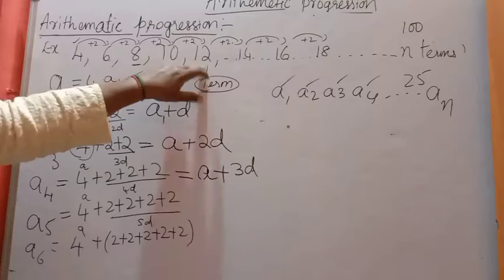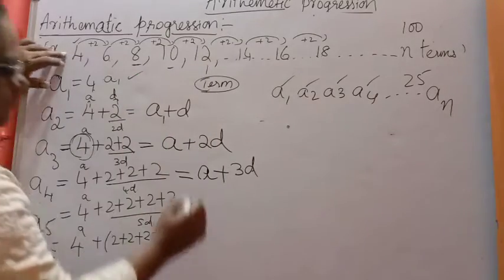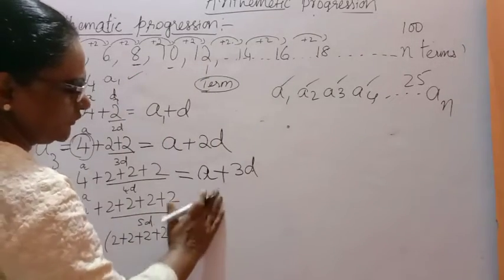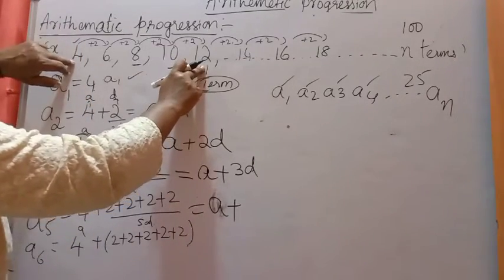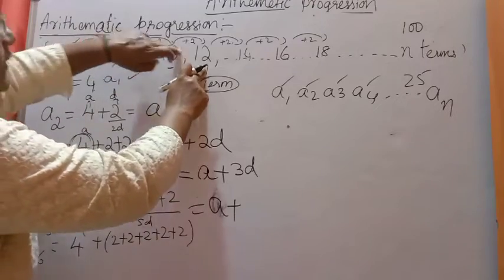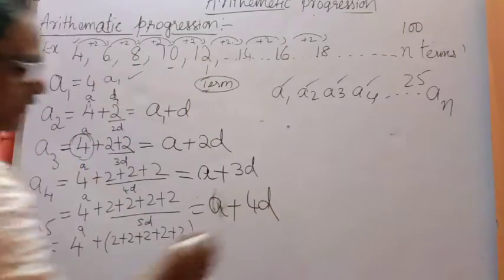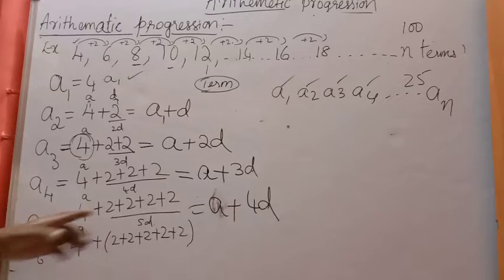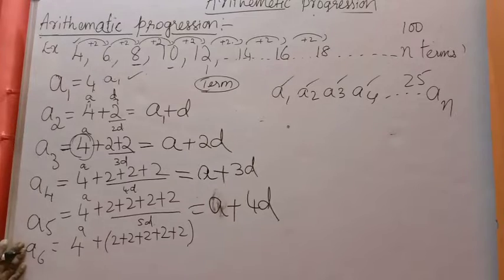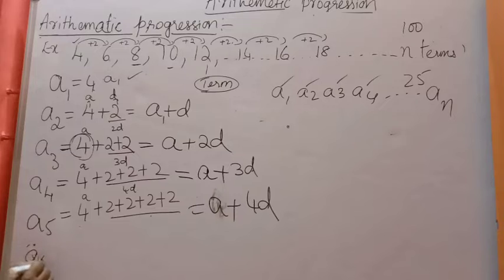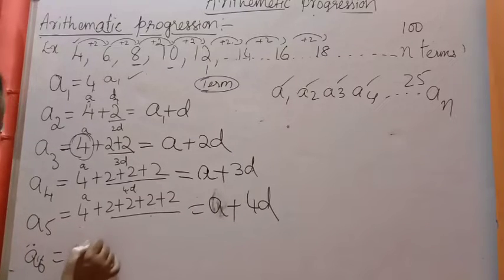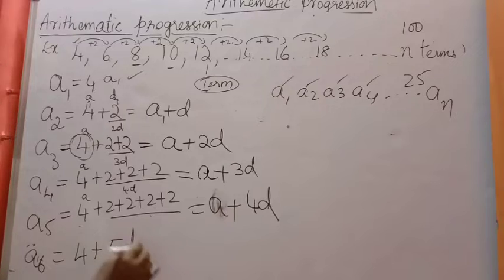So how to get the 5th term, A5? The first term A, and I am adding the difference 1, 2, 3, 4 times, 4 times to get the 5th term, because 4D plus 1 term is A5. Similarly, A6 is the first term plus 5 times the difference, because you want the 6th term.